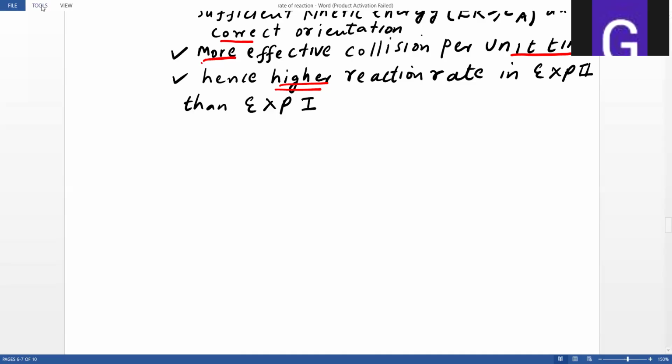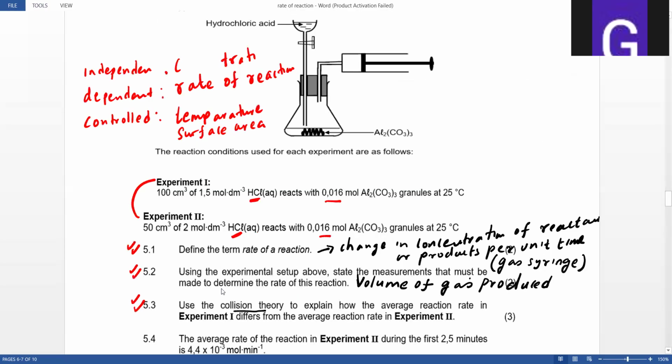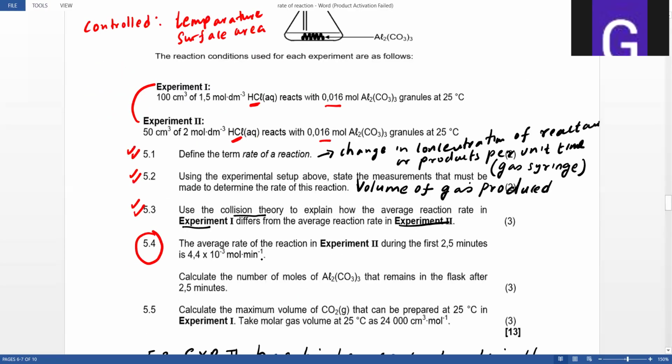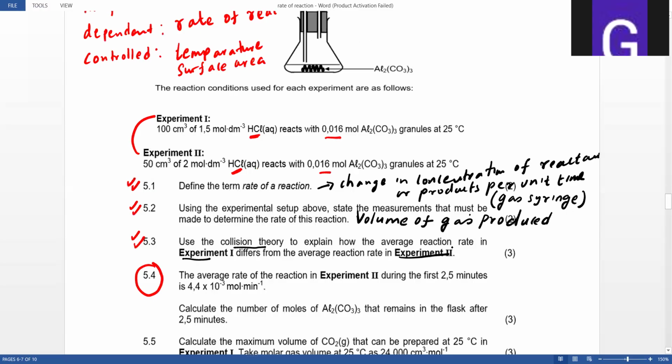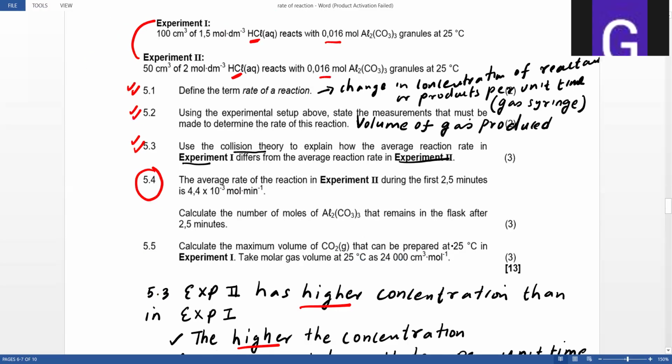The average rate of reaction in experiment 2 is 4.4 times 10 to the power minus 3 during the first 25 minutes. So what does this mean?